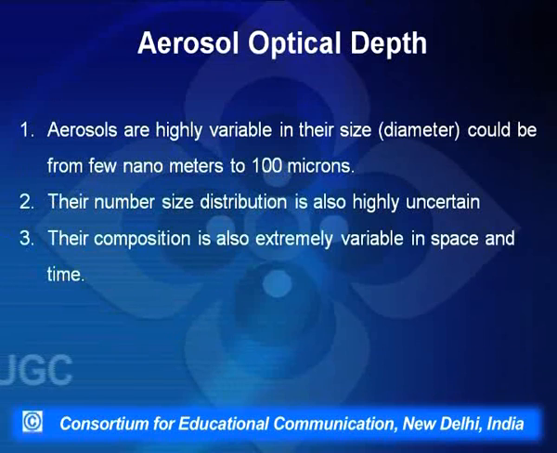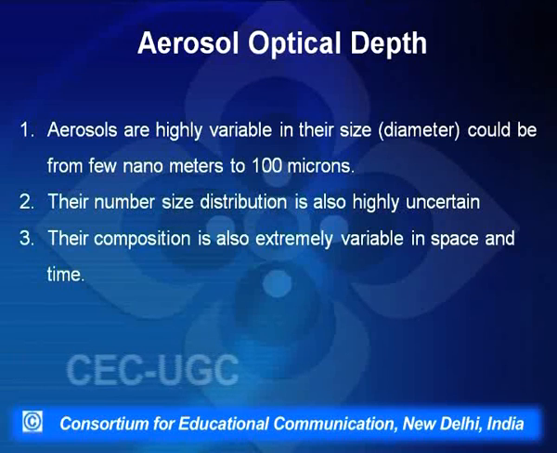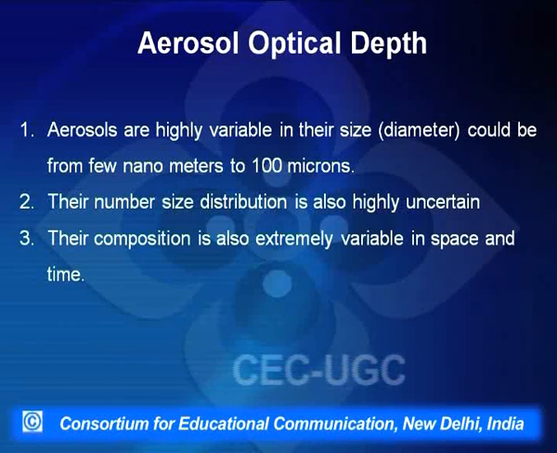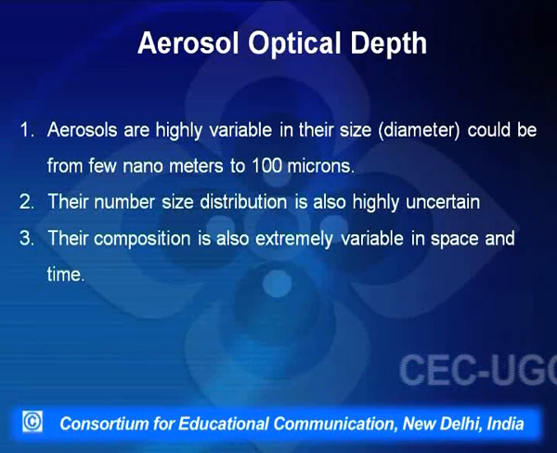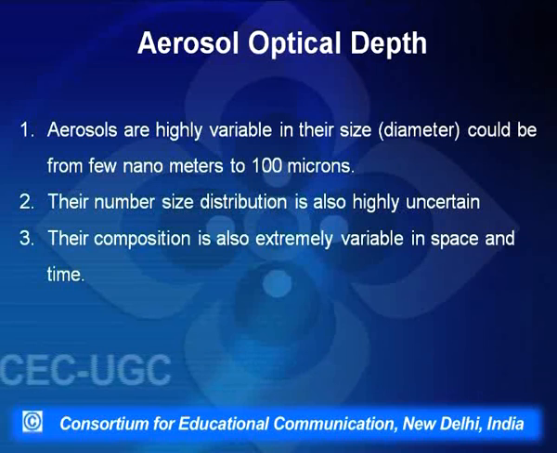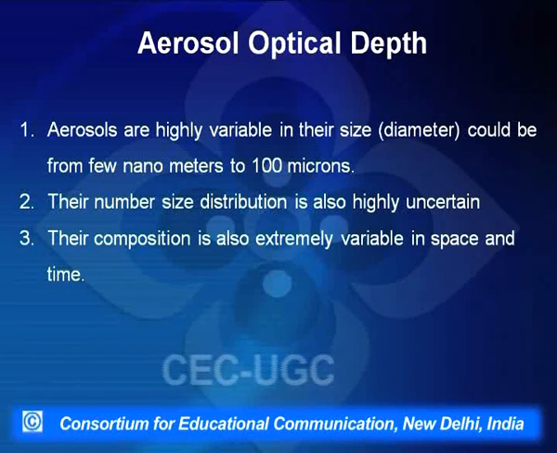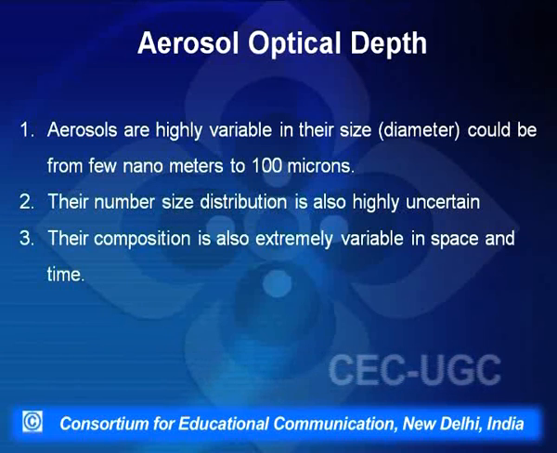But the major problem which we actually face while monitoring the aerosol optical depth is that the particles present in the atmosphere are highly variable as far as the size is concerned. It can start from the size of a few nanometers up to 100 microns. So, it is highly variable with respect to size, and their number with the size distribution is also very uncertain.